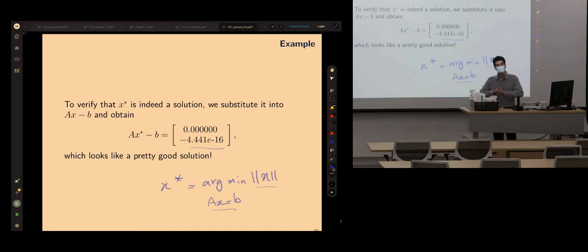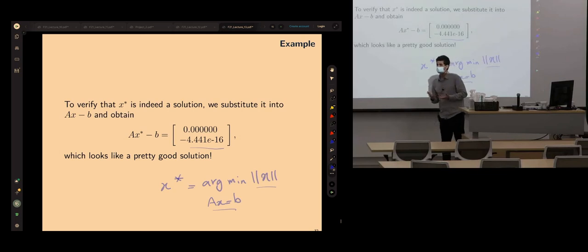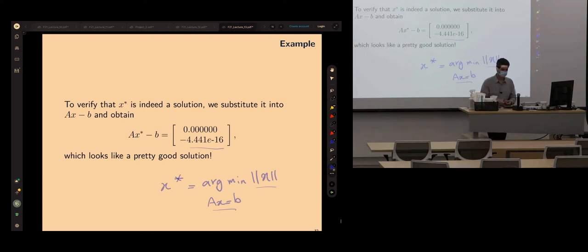Now, if you ever take a course in optimization, I think there will be a course in robotics for optimization, but maybe other departments have it too. This will be an instance of constrained optimization. You want to optimize an objective, you have constraints, which makes it harder. One very interesting method is called the method of Lagrange multipliers.